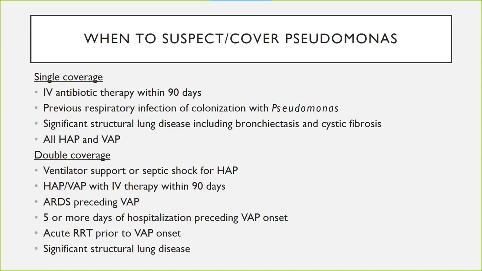So because she had the bronchiectasis, we would put her on double Pseudomonas coverage until we got cultures back with susceptibilities. The reason for double coverage of Pseudomonas isn't because it's necessarily a worse pathogen, but there's so much resistance that you want to make sure you have at least one drug up front that's going to cover the Pseudomonas. So once you get a culture back that shows susceptibilities, if it is susceptible, you can back off of that.